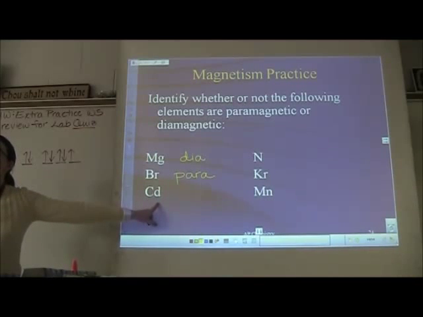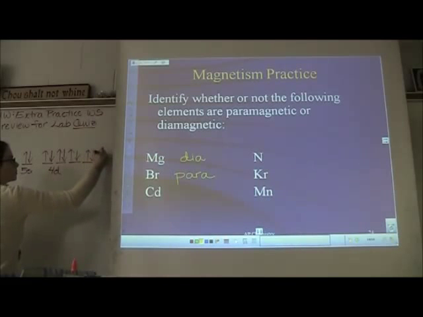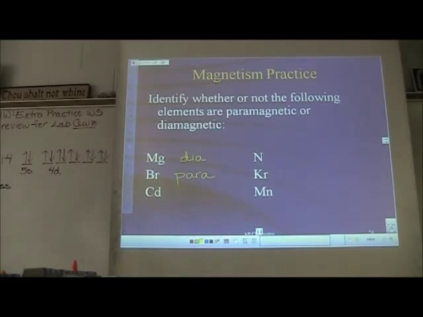Cadmium. Transition metals, it's right underneath zinc. What do you think? All paired up. Diamagnetic.